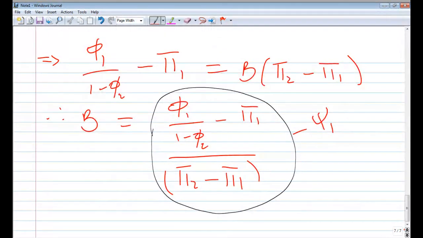And remember, if you recall, A is equal to 1 minus B, isn't it? So now we have to substitute B by that one, by psi 1.